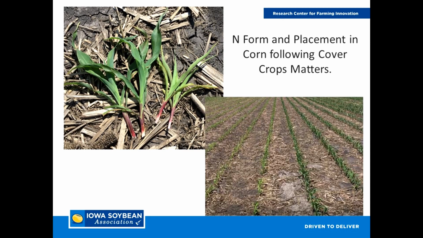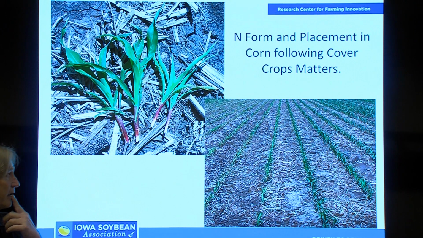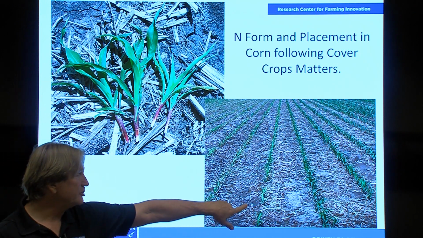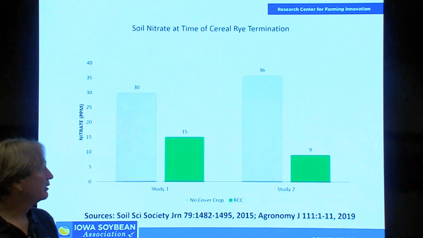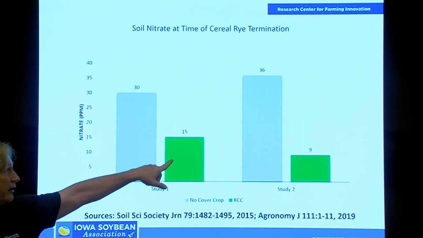This farmer's standard practice was to apply ammonia or manure in the fall, and then plant cover crops, and then he side dresses anhydrous about the V6 stage. And you can see what we thought was early nitrogen immobilization going on here.